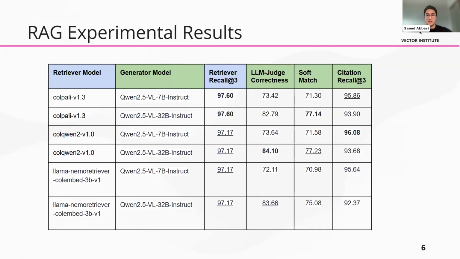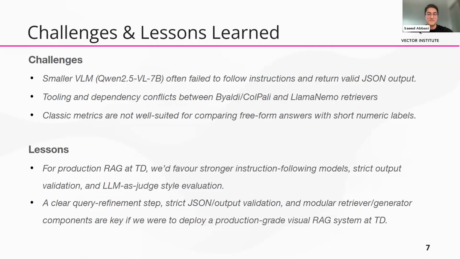Yeah, so that was about it. As you see, the bigger checkpoint for the generator did a better job, and out of our retrievers, ColPali did the best job, but the other ones follow closely. And with that said, I'm going to pass it over to Suzy for the rest of the presentation.